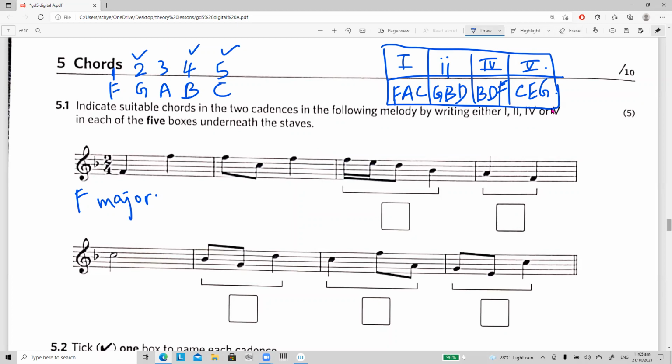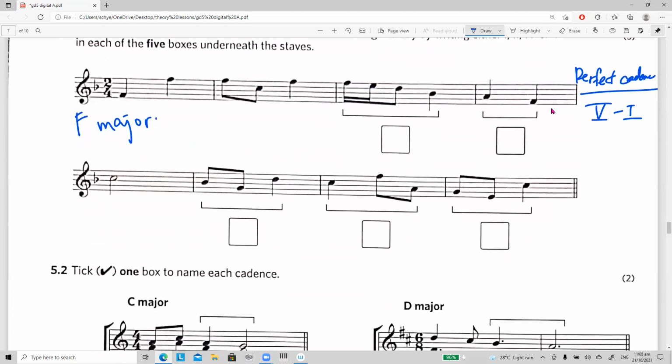For these chords, usually it will end with some cadences. For cadences, we have a few types. We have perfect cadence, which is 5-1.